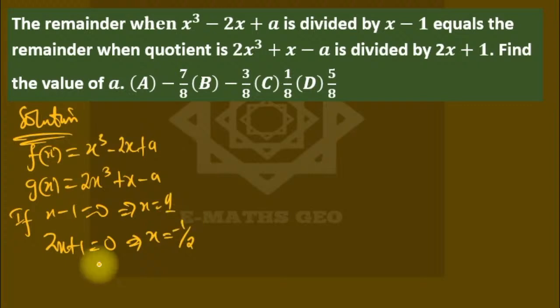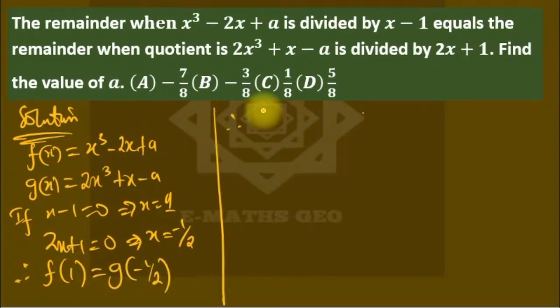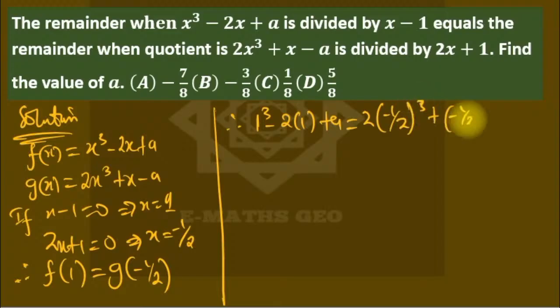Also, if I want to get the remainder when g of x is divided by 2x plus 1, we have the same remainder. We have that f of 1 is equal to g of minus half. That's 1 raised to power 3 minus 2 times 1 plus a, which is the same as substituting into g, 2 times minus half raised to power 3 plus minus half minus a.